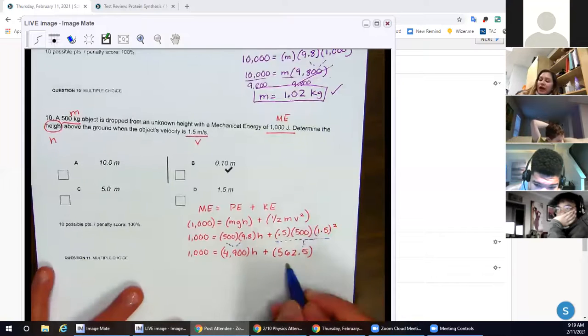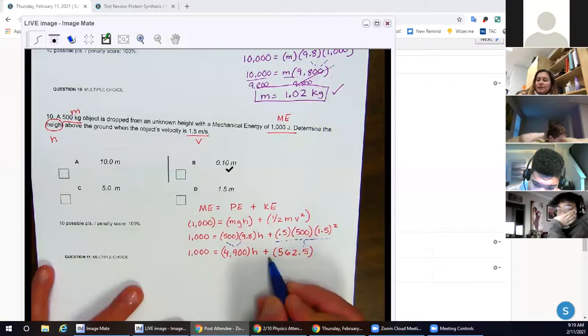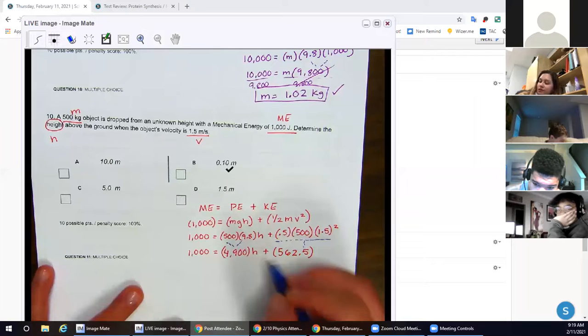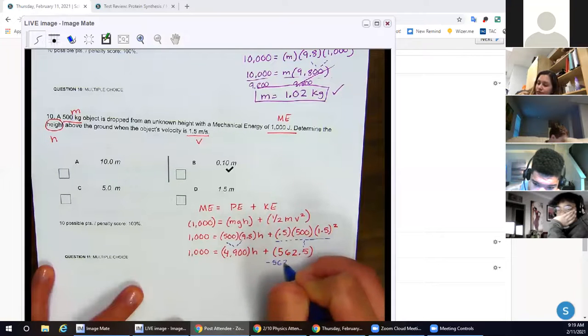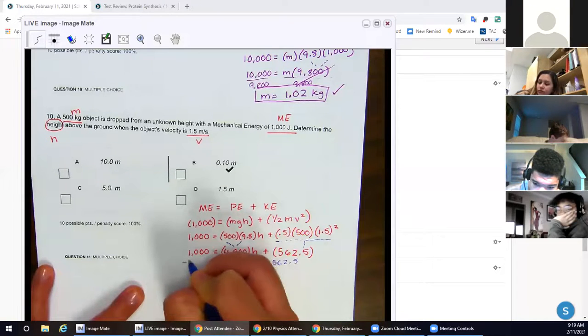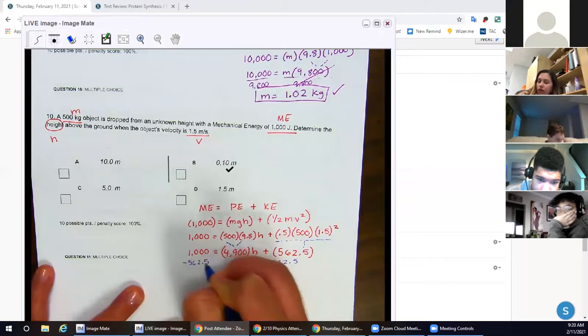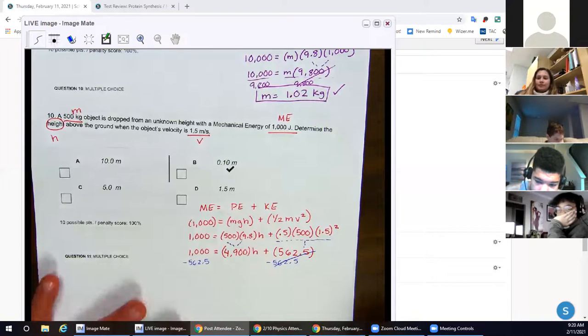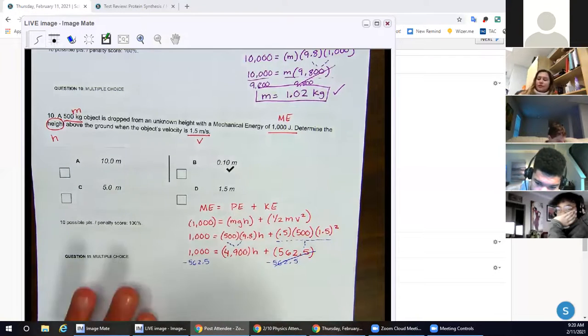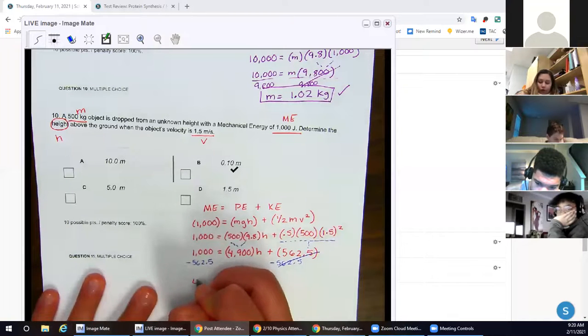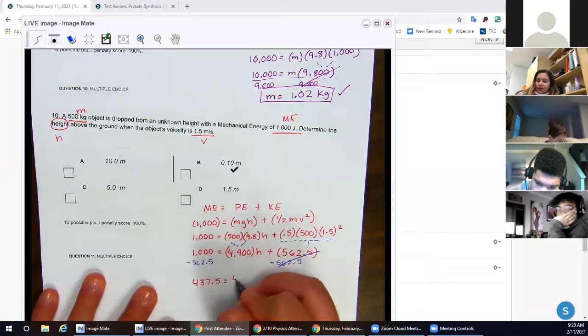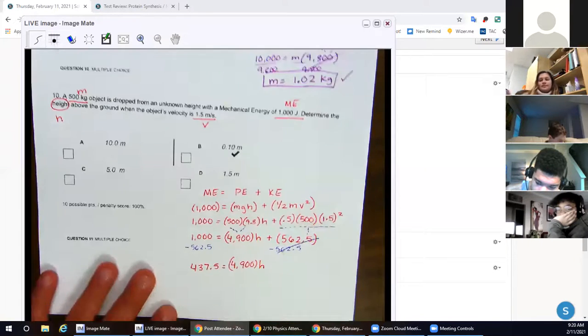Then you can subtract 562.5 because it's being added. Remember, you have to do the opposite. Those are rules of algebra. So that cancels out over here. You're left with 437.5 equals, we still have that 4,900 h.